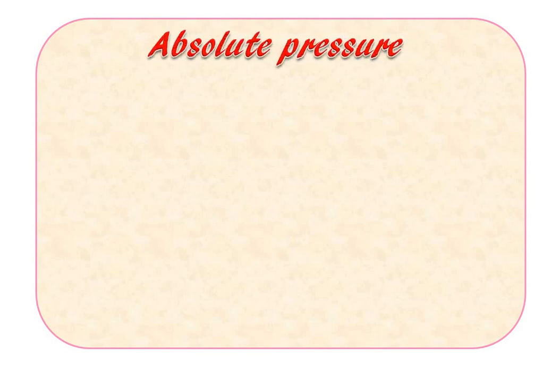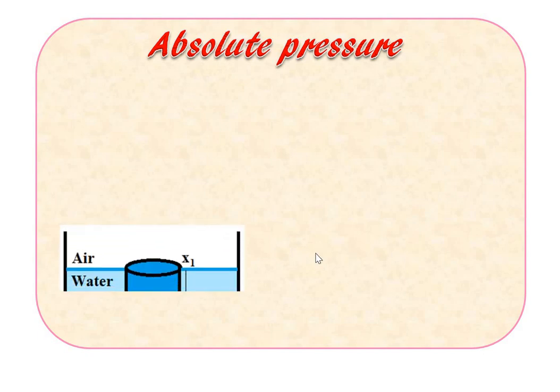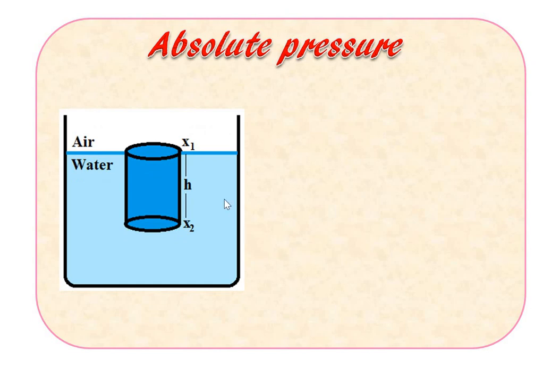Let's see the next point. Absolute pressure. So here we find out the pressure P at depth h below the liquid surface. Consider here also a container filled with a liquid, but here the imaginary cylinder is at the top of the liquid surface.